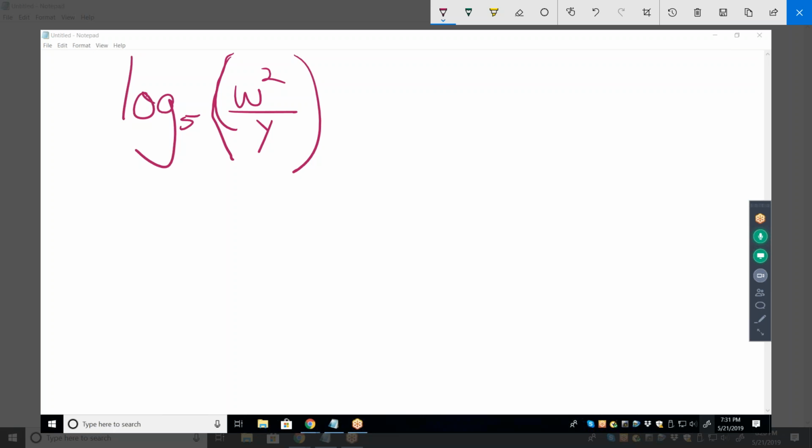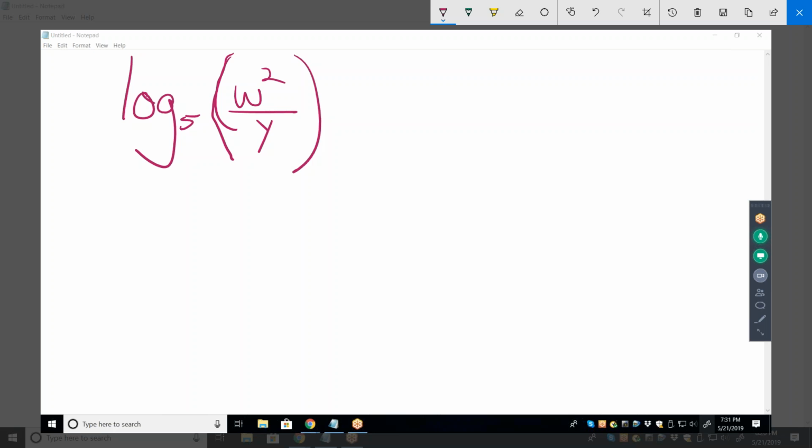The way I pronounce this is log base 5 of w squared over y, where w squared over y is the argument. Just for terminology. I don't even know if that's the official terminology. That's what I call it. Whatever you're taking the log of, that's the argument.